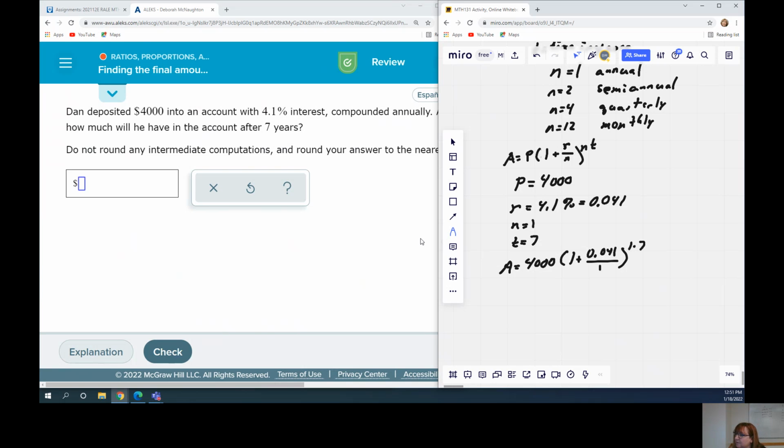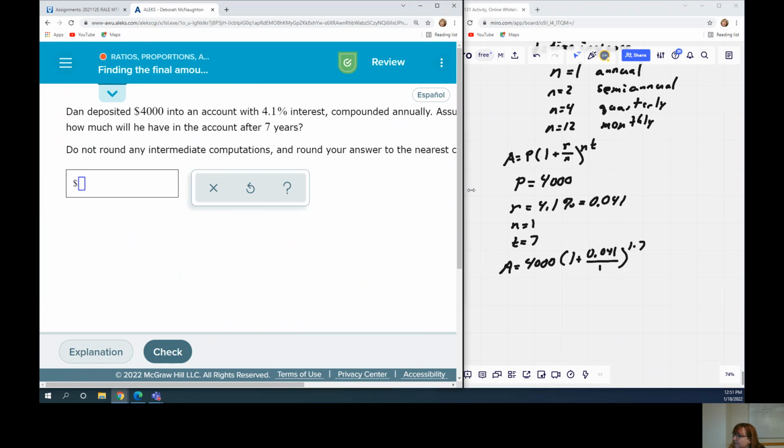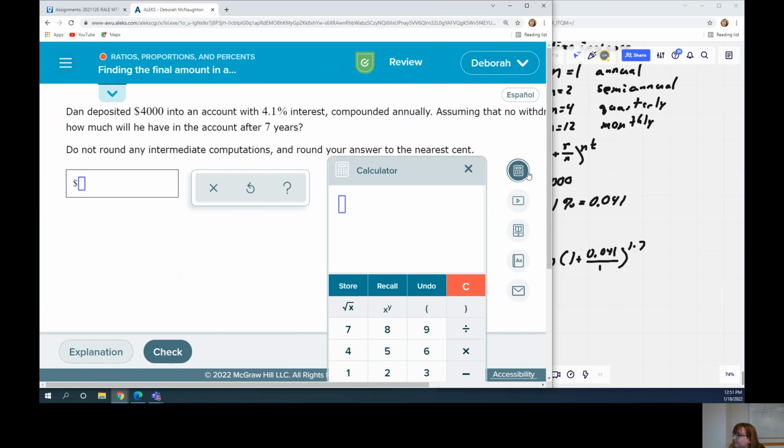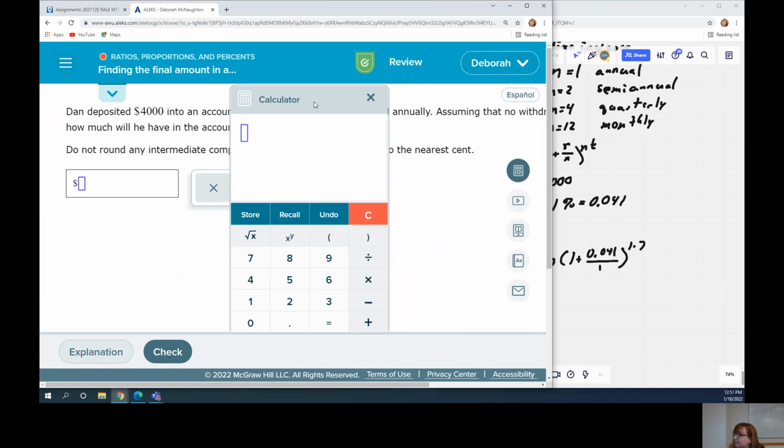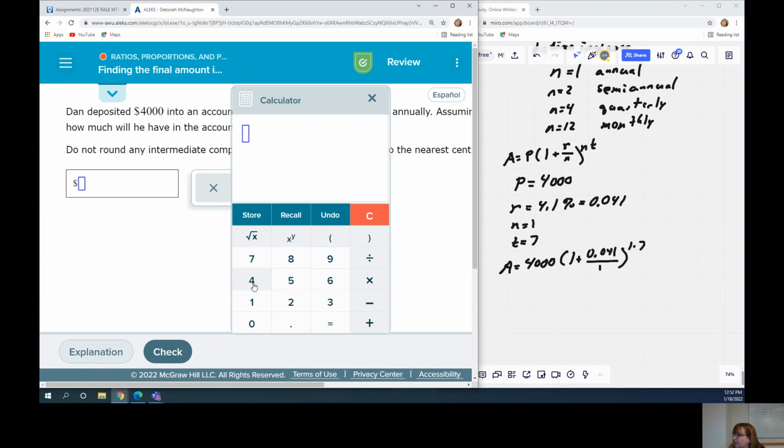So now we just use the calculator, put that all in. Also, when you're converting the rate, remember 4.1% rewritten as a decimal, I divide that by 100%. And that's where I got the 0.041.